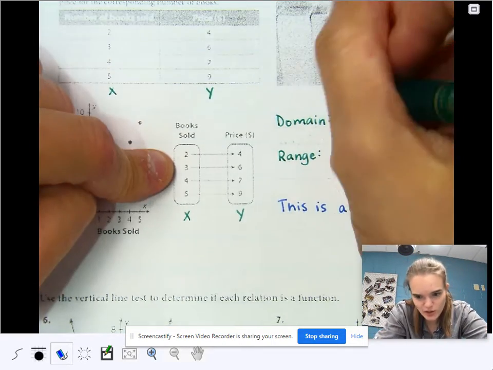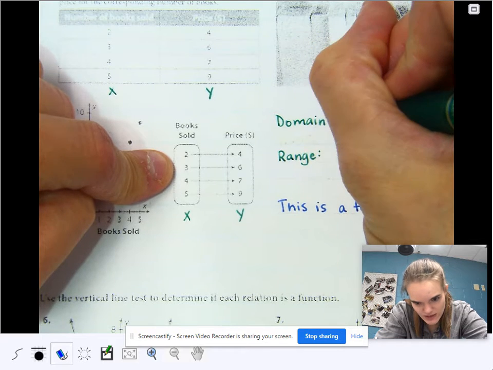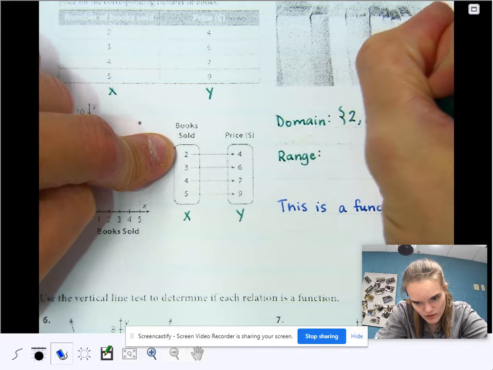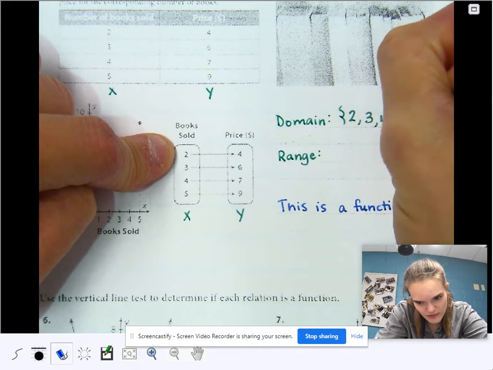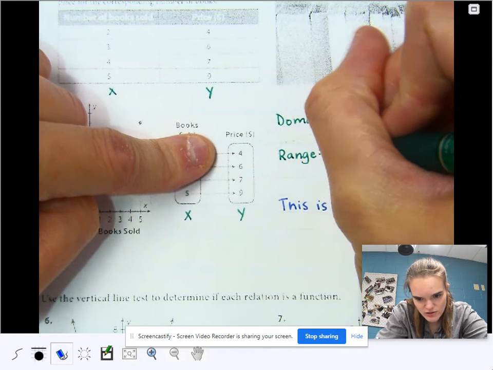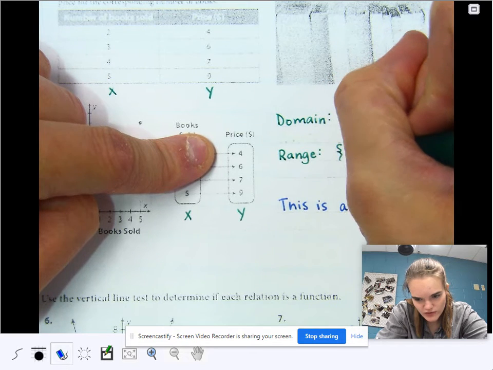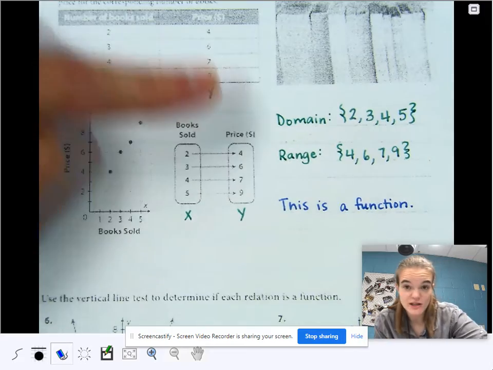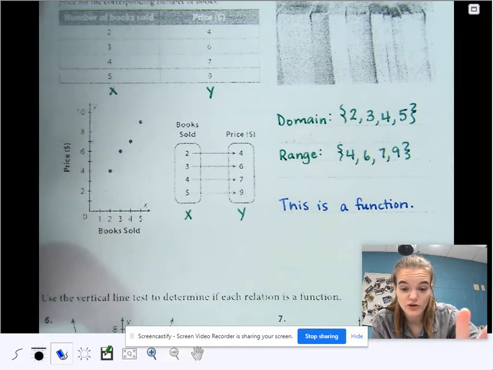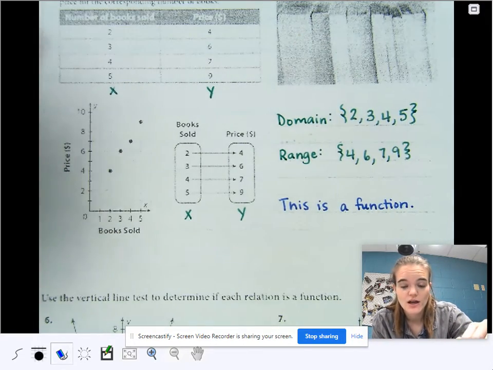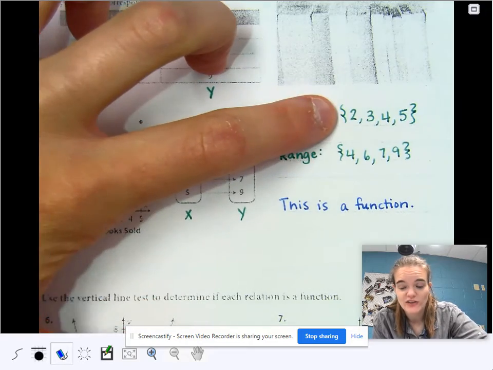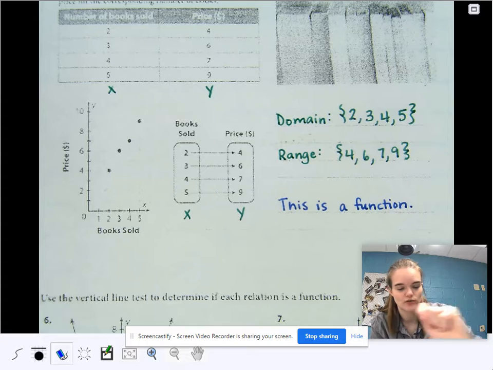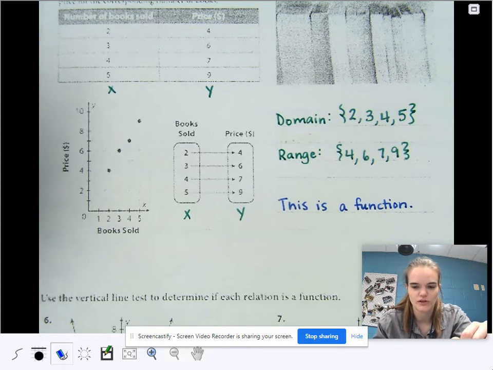So the domain, remember, curly bracket, is 2, 3, 4, 5. And range, 4, 6, 7, 9. Remember, in a discrete function, which is what this is, a discrete graph, right here, you put curly brackets in the actual points. Now, if it was a graph that kept going forever, you would put a range of, like a compound inequality or something.